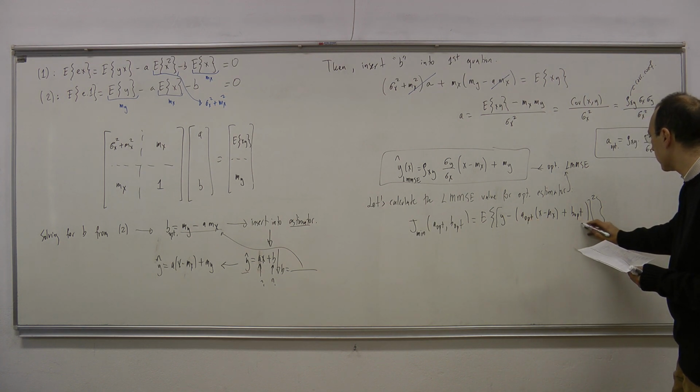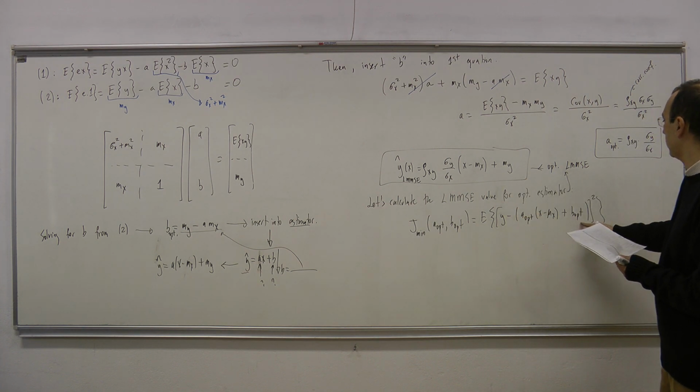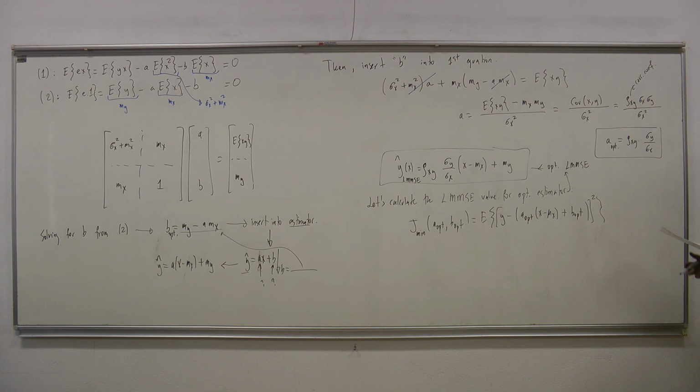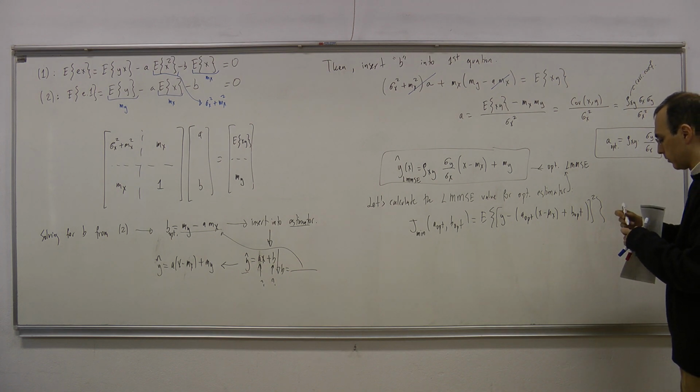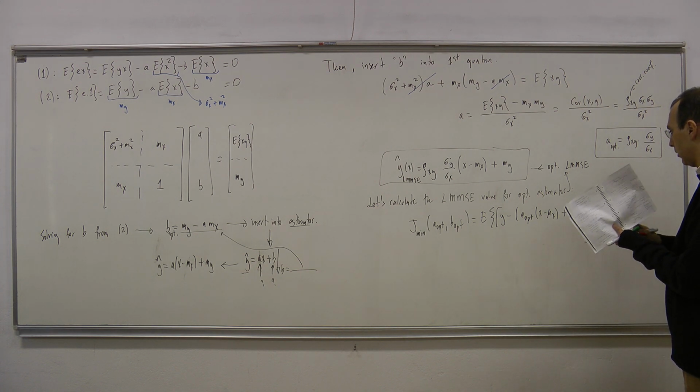So this is y hat, this type of estimator, and I have this. So I should calculate this, but let me write this B_OPT over here.